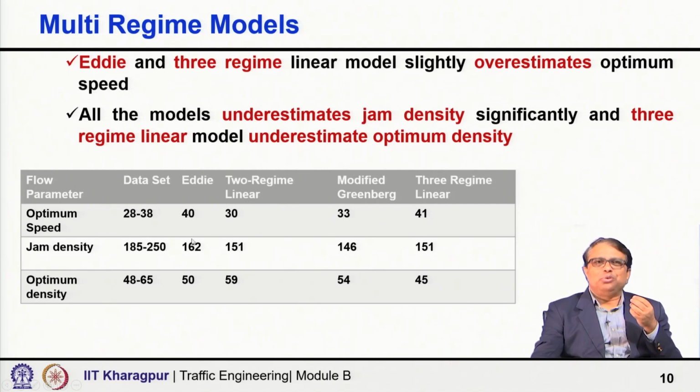But what AD's model predicted, what the two regime linear model predicted, what the three regime predicted, and what the modified Greenberg predicted, all are on the lower side. And if we look at the optimum density, the three regime model is predicting it on the lower side as compared to the other models, which are predicting within this range only.